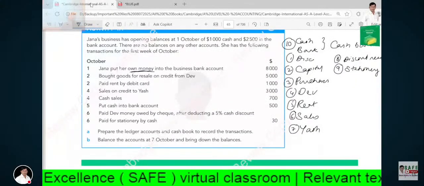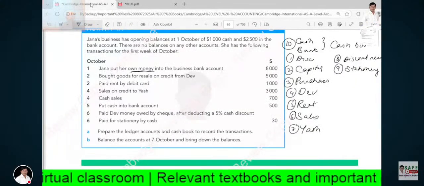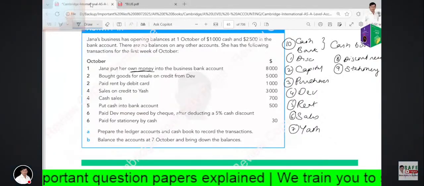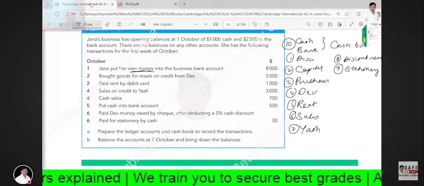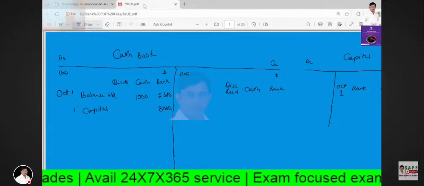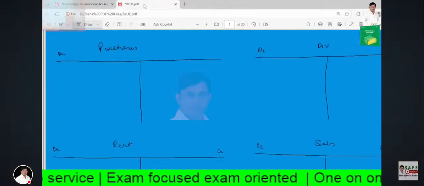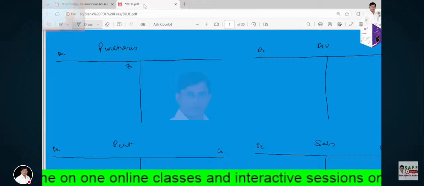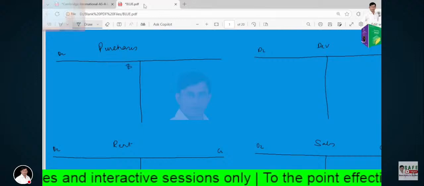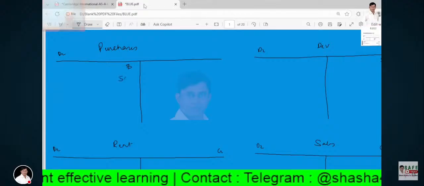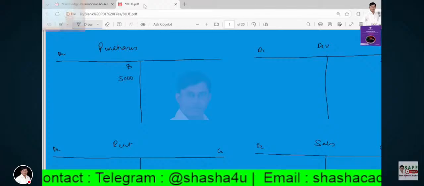Next, bought goods for resale on credit from Dev, 5,000. Purchases 5,000. What date?